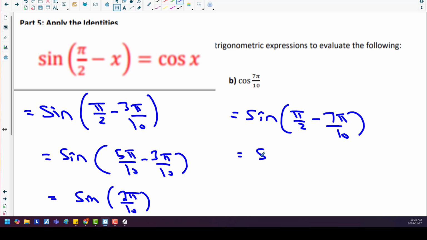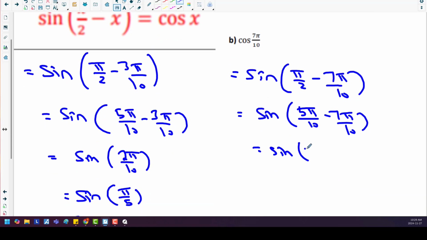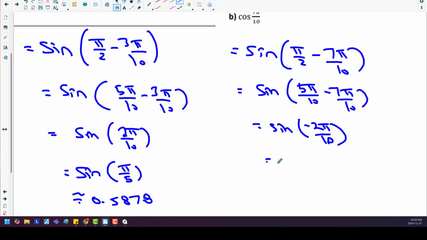Then with a common denominator, 5 pi over 10 minus 7 pi over 10, that's sine of negative 2 pi over 10, which is equal to sine of negative pi over 5.